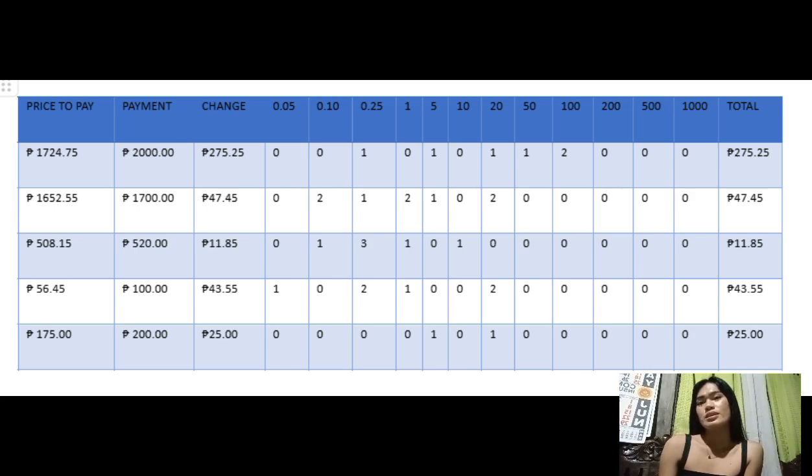The breakdown is 1 times 20 pesos, 1 times 20 pesos, 1 times 5 pesos, 1 times 1 peso, and 2 times 0.10 pesos. And the last one is 1 times 0.25 pesos. Again, the algorithm efficiently chooses denominations without overcomplicating the distribution.